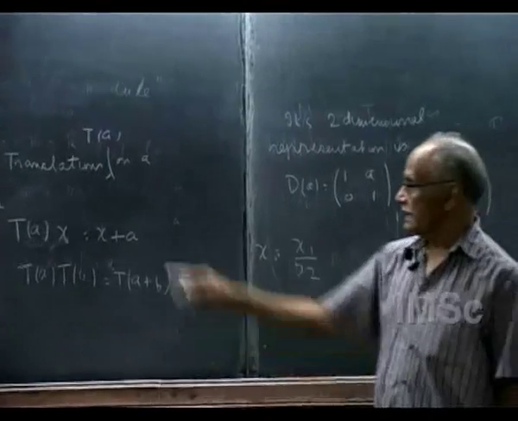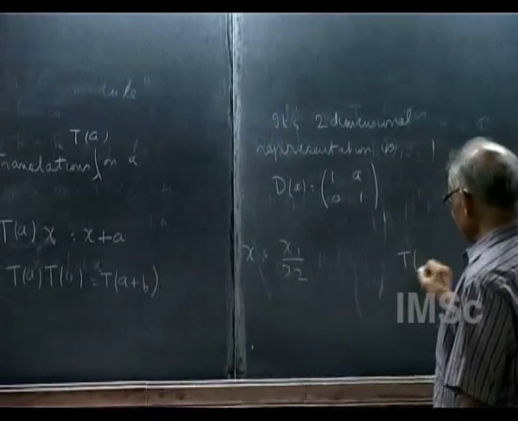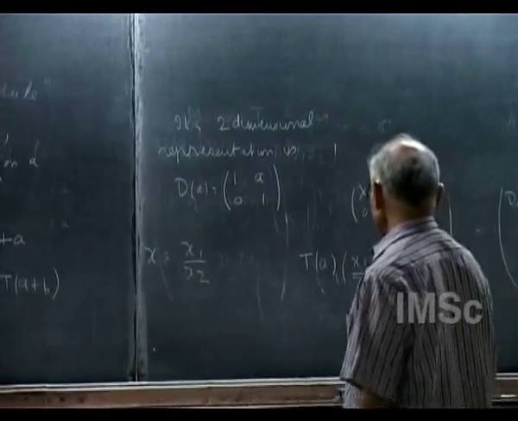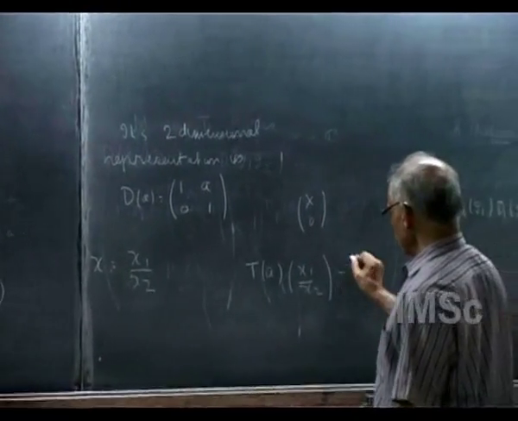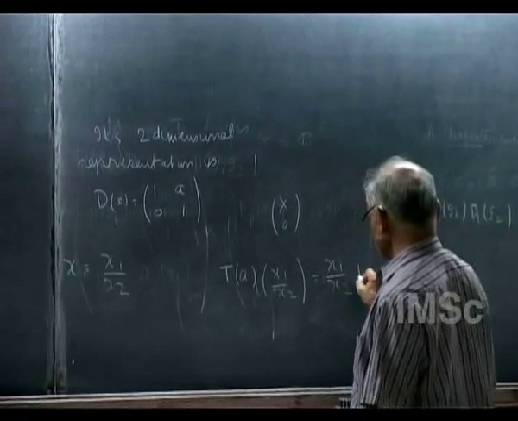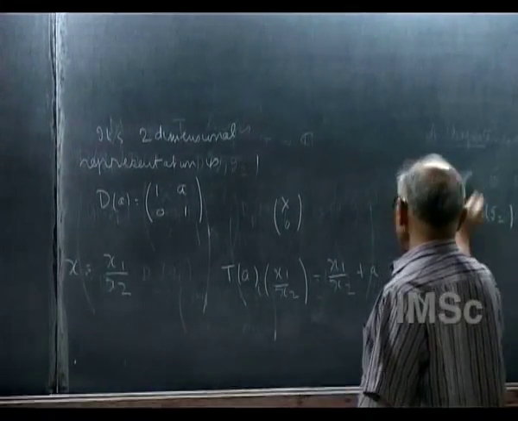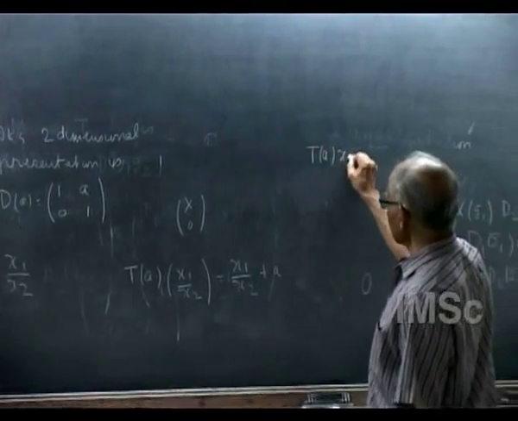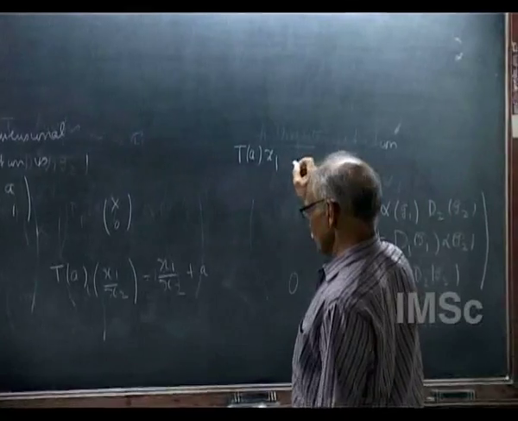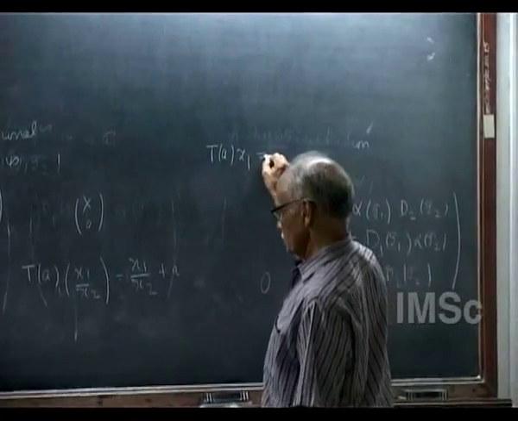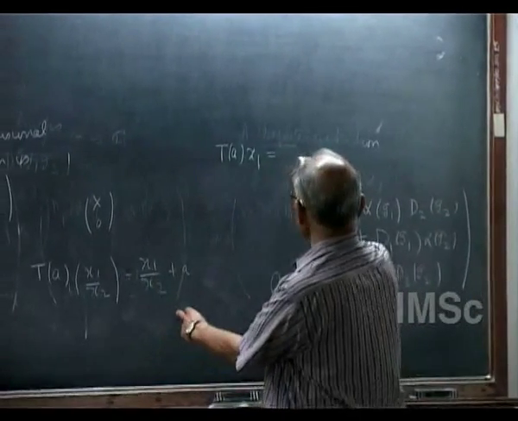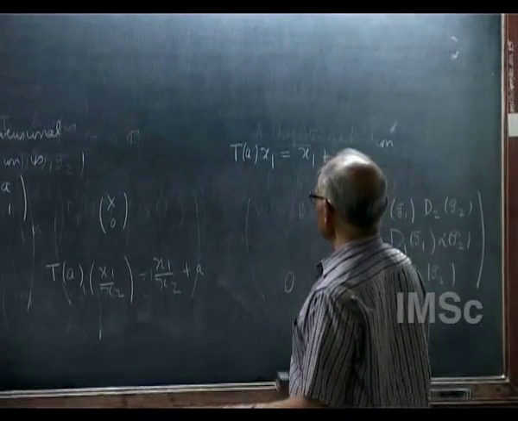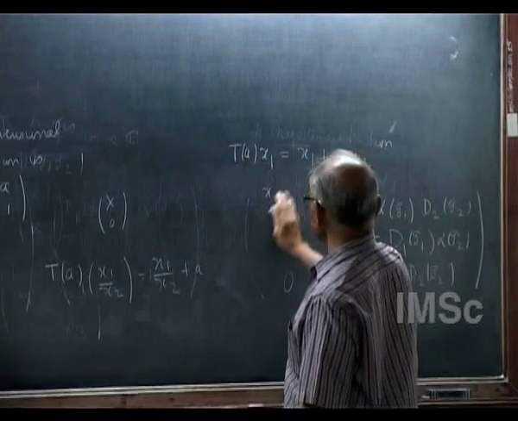Then rewrite this equation as T_a of x1 over x2 as x1 over x2 plus a, then you multiply. So, you get T_a of x1 is x1 plus a x2, right. Then you simply define T_a of x2 is x2.